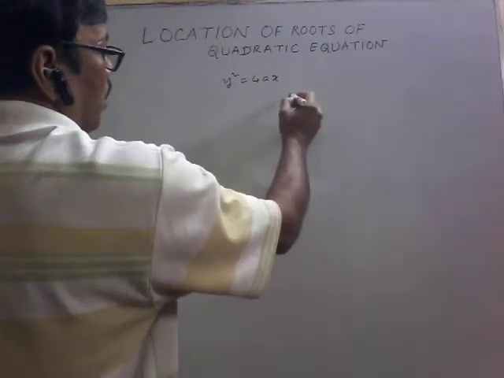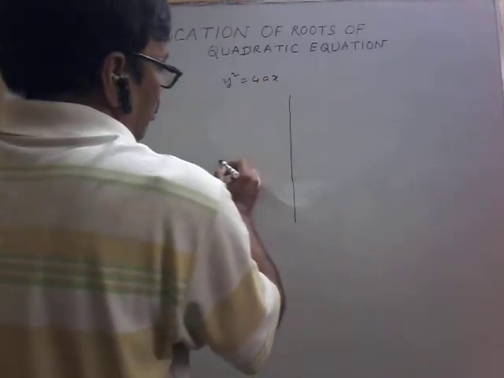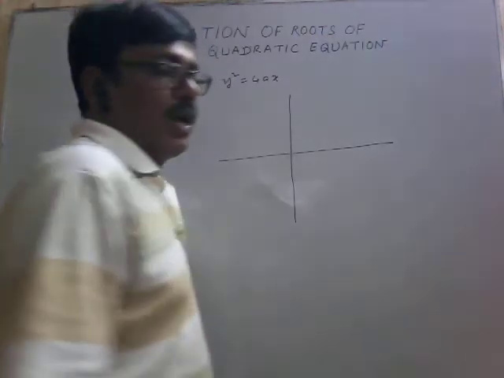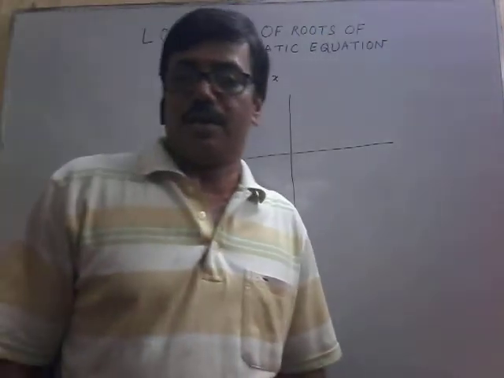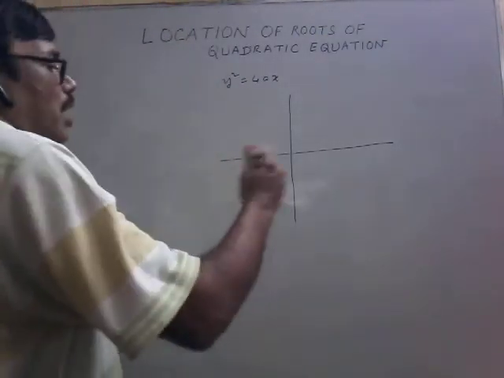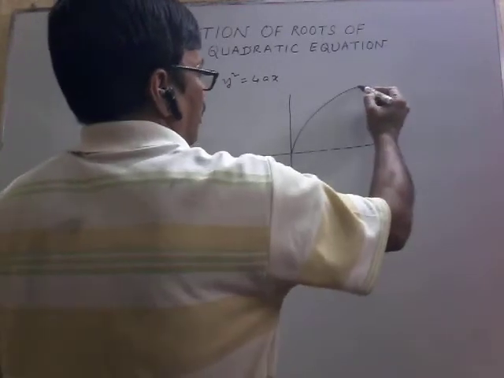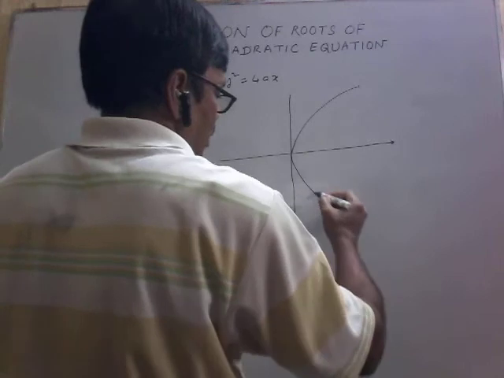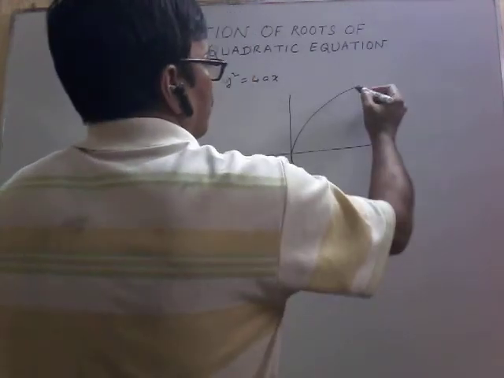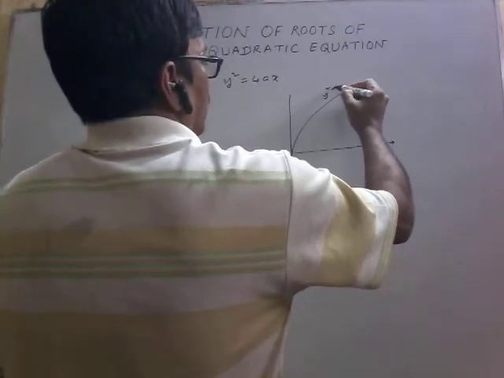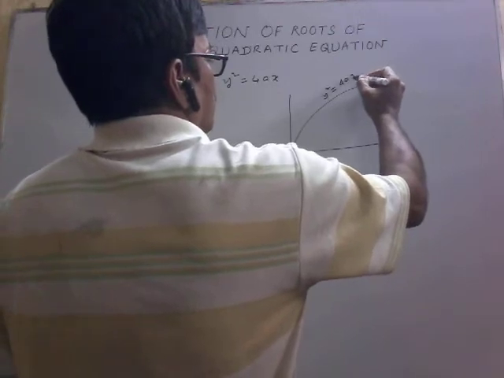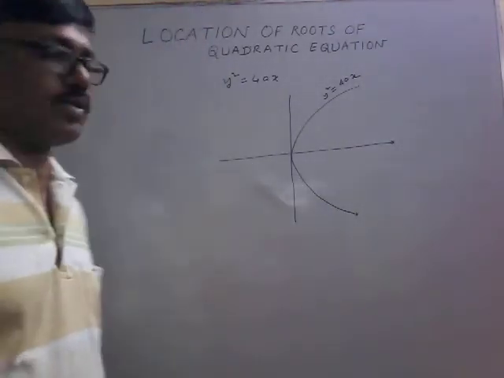So this is a parabola. Now, to draw parabola, we need many points, and joining them, we get a figure like that. So we are interested about the nature of it. This is y square equals 4ax.